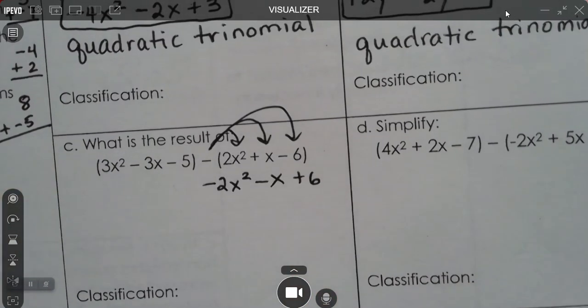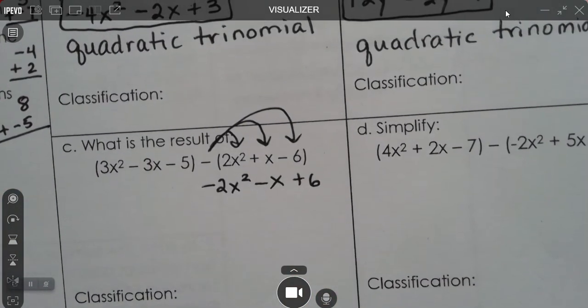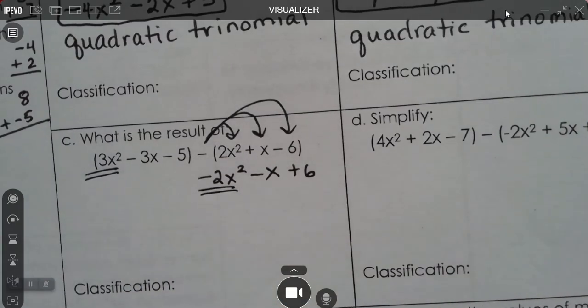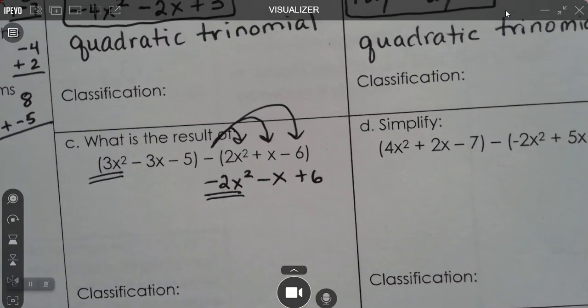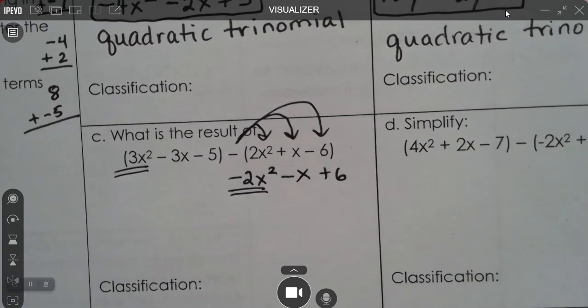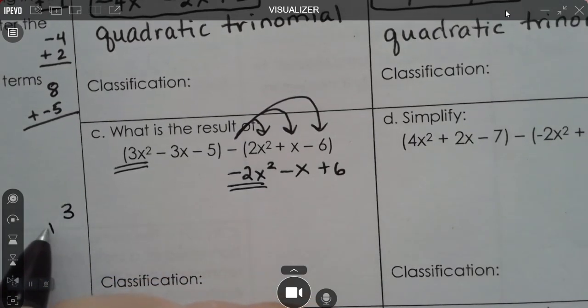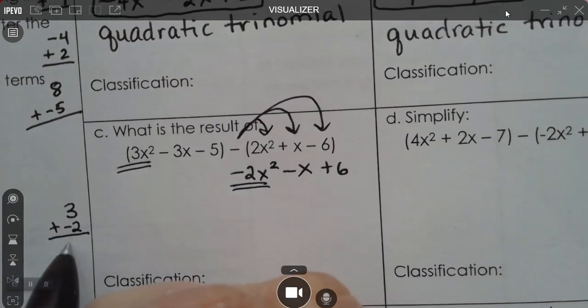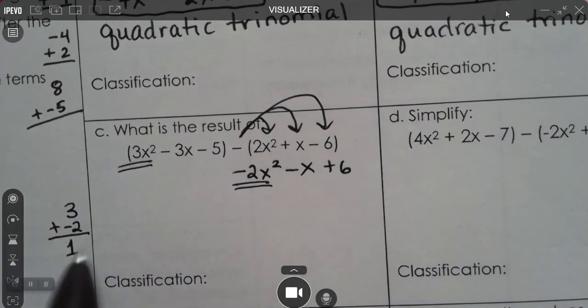Now we need to find our like terms just like before. Now we just repeat the process. Highest exponent. All right. In your calculator, 3 plus a negative 2. I get a positive 1.